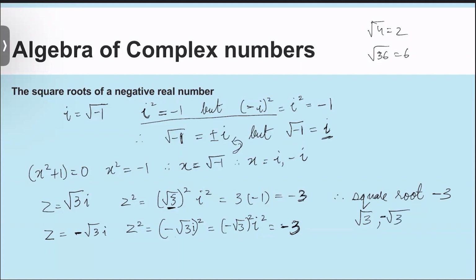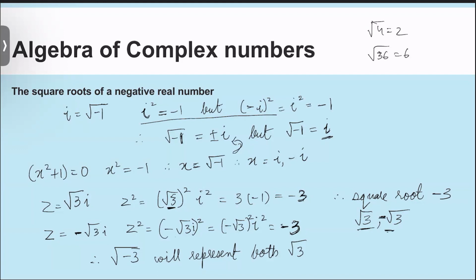If we write it in the general expression, the square root of minus 3 represents both root 3 i and the negative root 3 i.